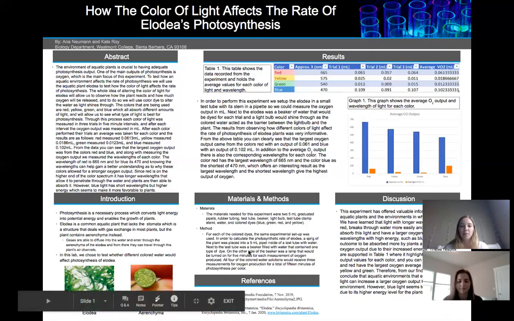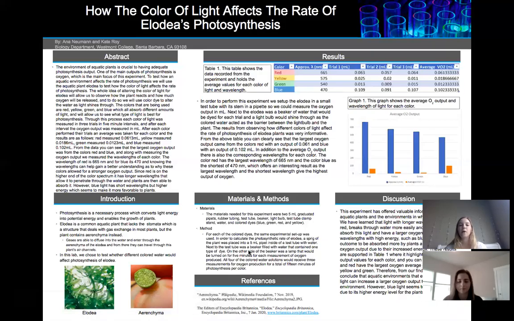Next to the test tube was a beaker filled with water that contained a type of dye. For each trial we used either red, blue, green, or yellow.